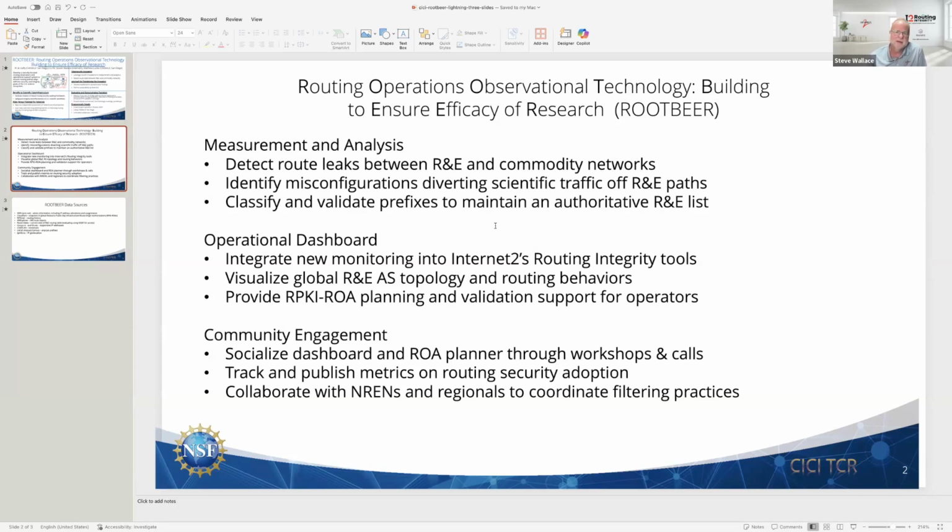It's also the case that there's a slower adoption, for a variety of reasons, of an important emerging routing security feature. These are called RPKI ROAs, and they're relatively easy to create, but sometimes difficult to plan. We're going to be developing an online tool that will aid anyone in our community, and it'll provide the same capability to anyone who operates a network that's part of the internet, to plan how to create their ROAs.